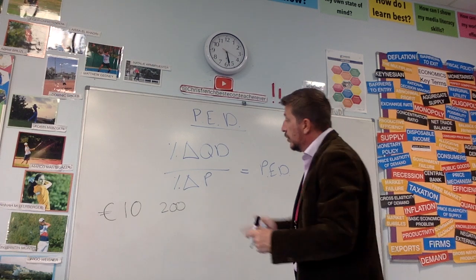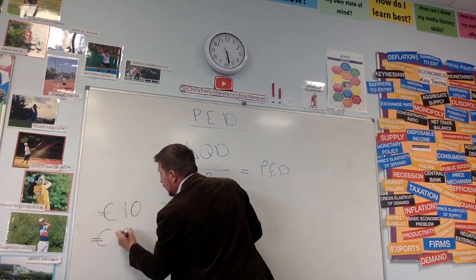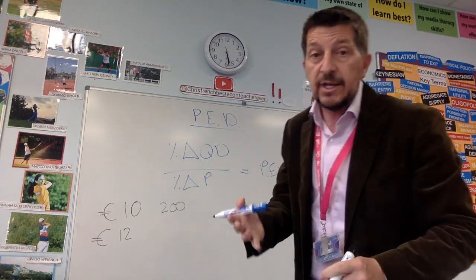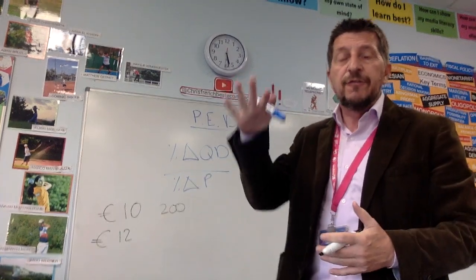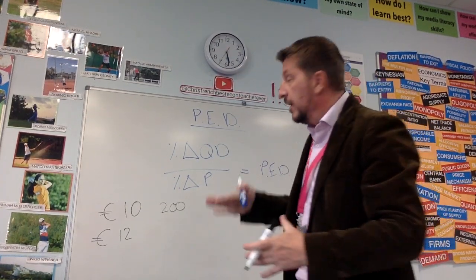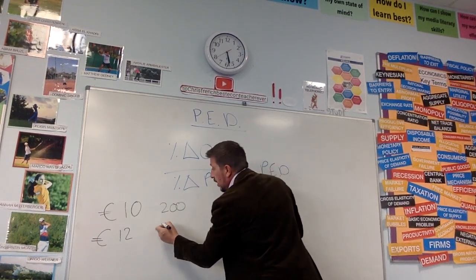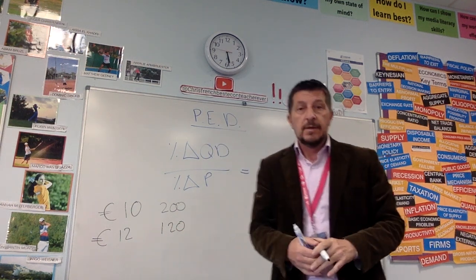So we're going to go from €10, and we're going to up the price to €12. Now, when we see an increase in the price, what we expect to see is a fall in the number of consumers, right? So let's say the number of consumers falls to 120.